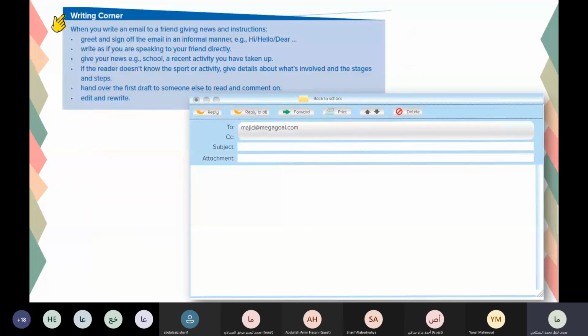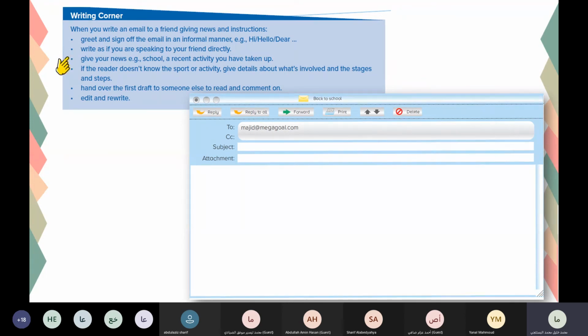Now, when you write an email to a friend giving news and instructions, first you have to greet him and sign off the email in an informal manner, starting with hi, hello, dear, etc. You have to write as if you are speaking to your friend directly, because you know it is an informal email.